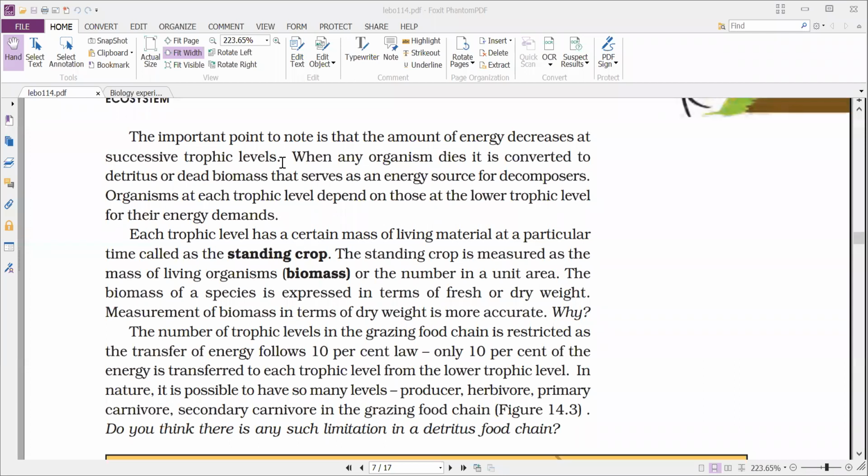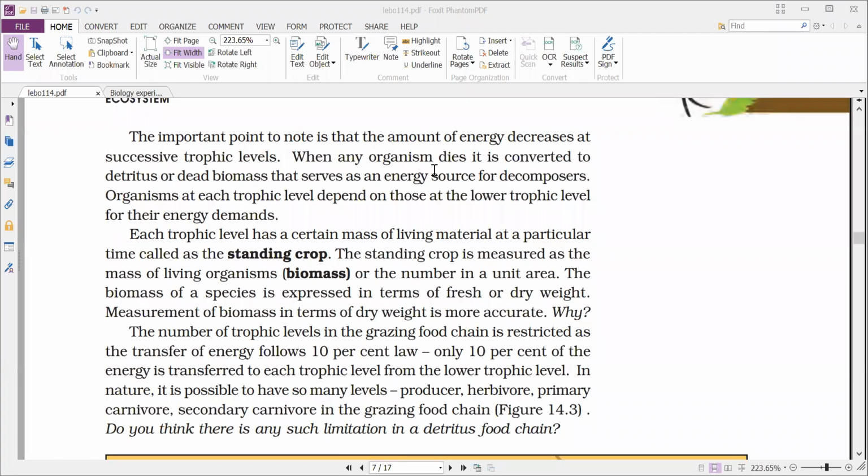That means here we can see a higher amount of energy is present with the producers, and the NPP, the net primary productivity present in the producer, will be taken up by the herbivore. When you go to the herbivore, all the energy is not getting transferred.